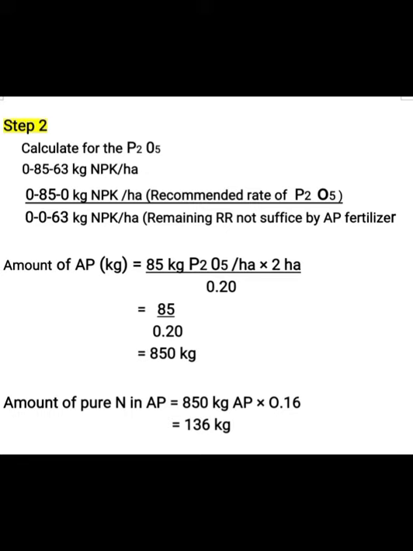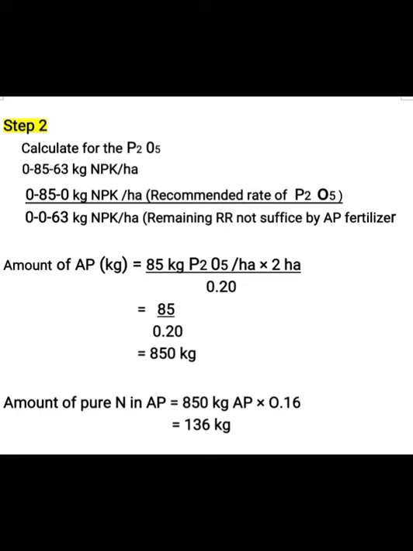Step 2. Calculate for phosphate. Since I get 125 nitrogen per hectare using urea, I already have zero amount needed in the field. The remaining recommended rate is 0, 85, 63, because I already met the nitrogen. For the phosphate, I use ammonium phosphate as fertilizer.